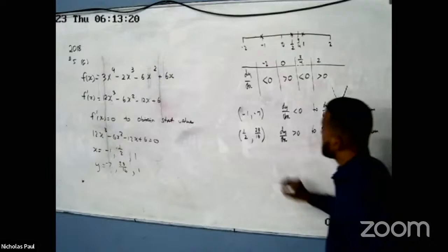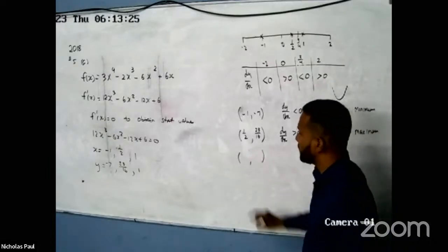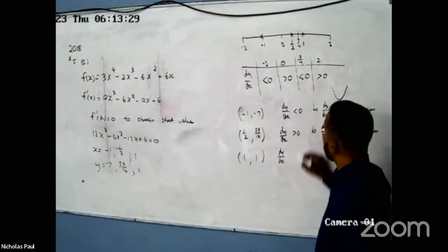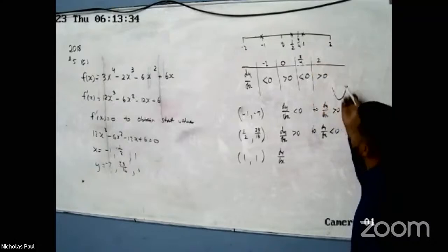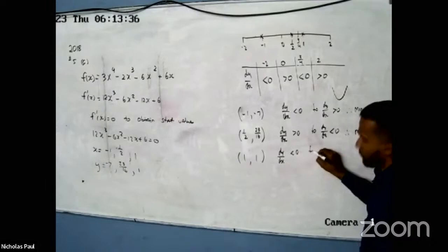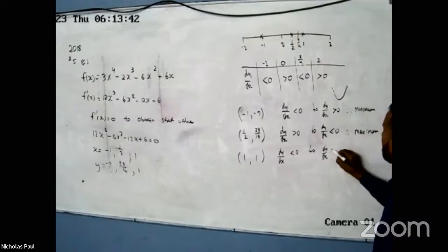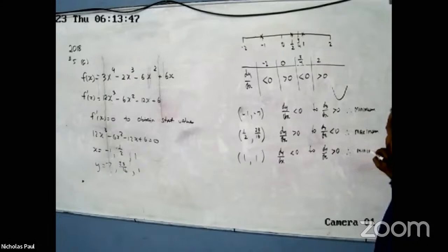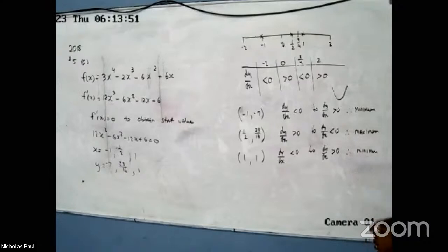Lastly, let's check out 1 and 1. So dy/dx is what? For 1, 3/4 and 2. It went from less than 0 to more than 0. Less than to more than is a minimum. So we end up with minimum, maximum, minimum.